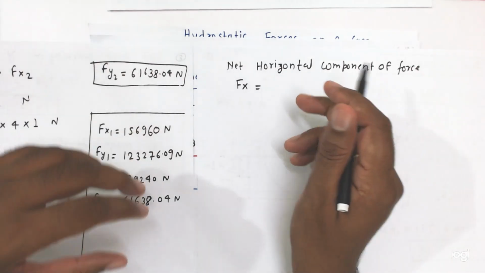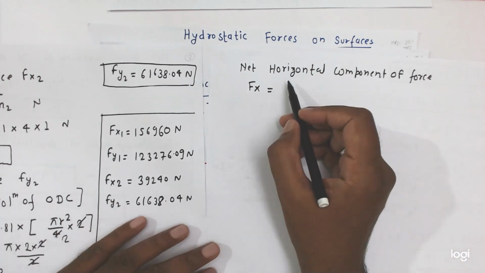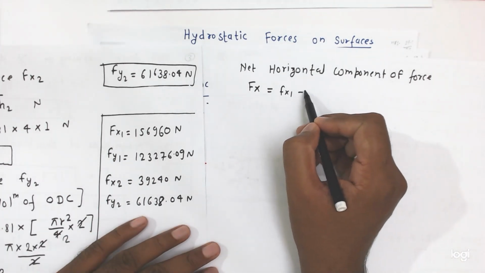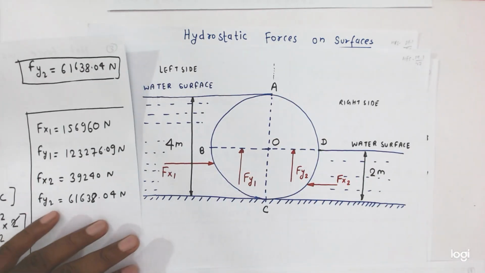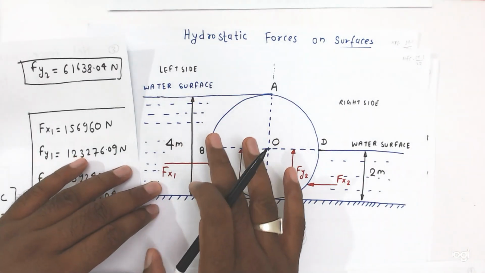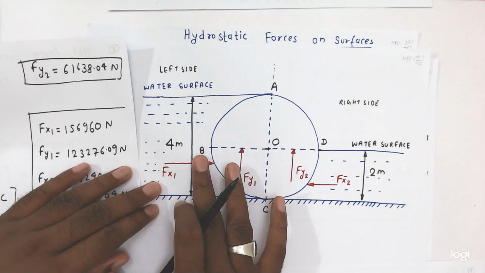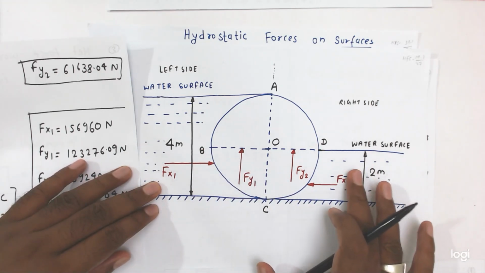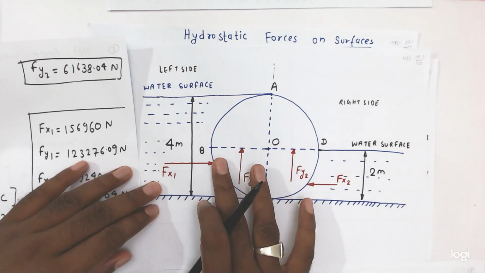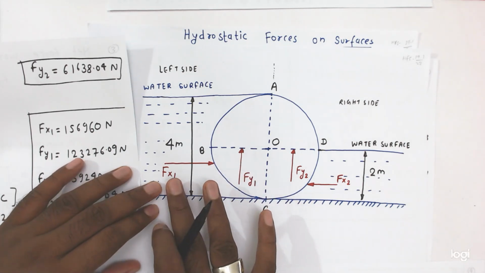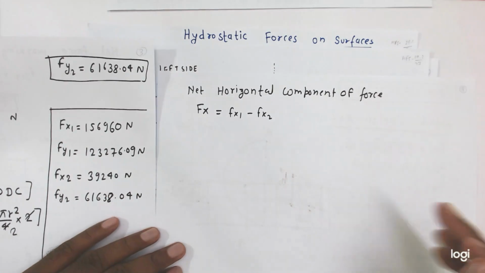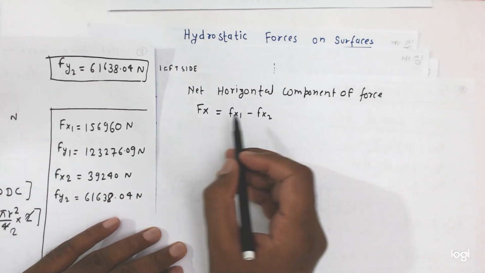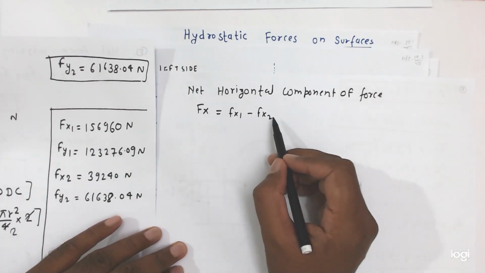It is equal to what, friends? It is Fx1 minus Fx2, because you see here, as the level is more, in this direction the force will be more. Here the level is less, so less pressure force is applied. Here more pressure force is applied. So Fx equal to Fx1 minus Fx2.